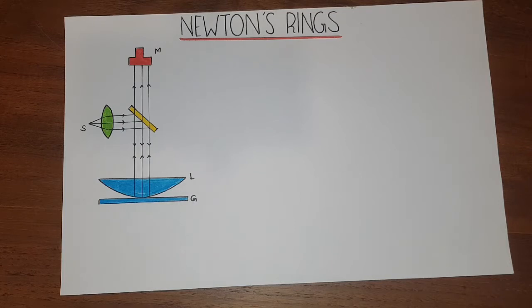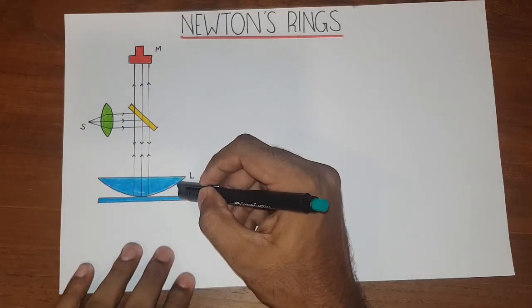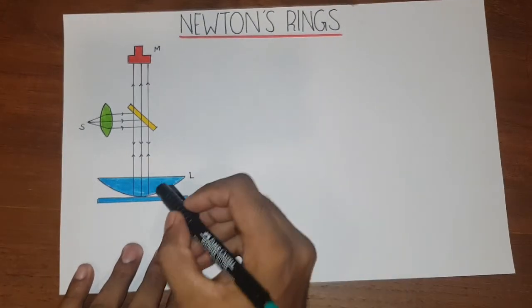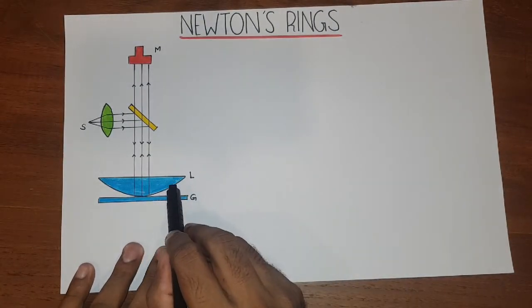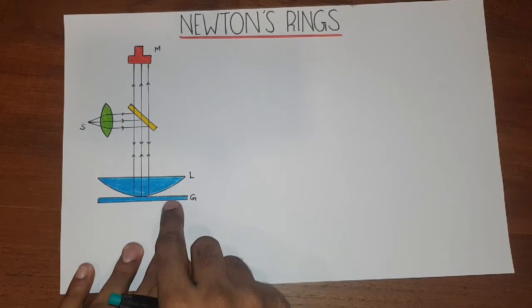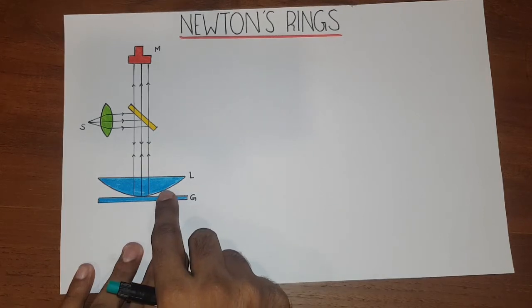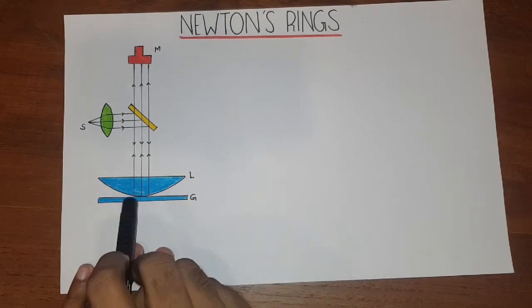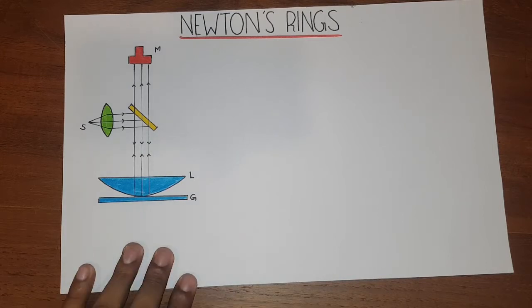Because if I consider the endmost part, the locus of all the end points will be a circle. Similarly, if I consider a point somewhere in between, the locus of all the points having the same thickness will be a circle.